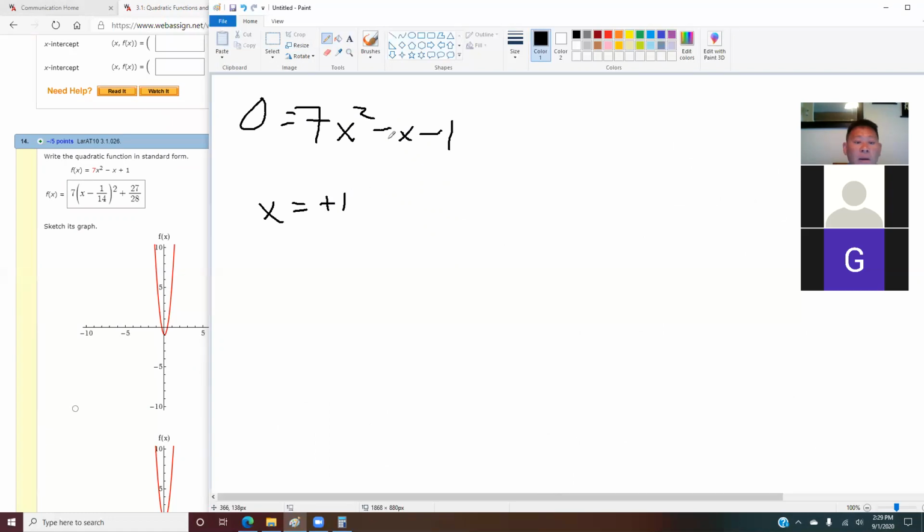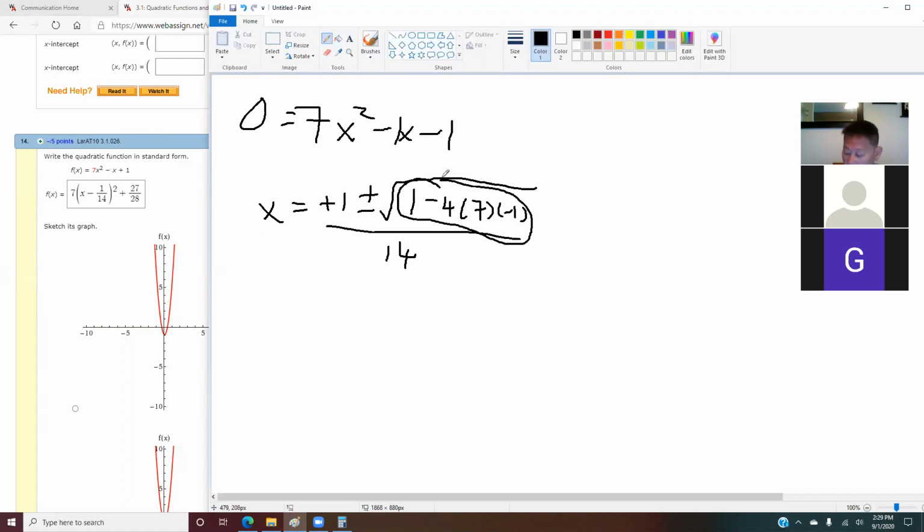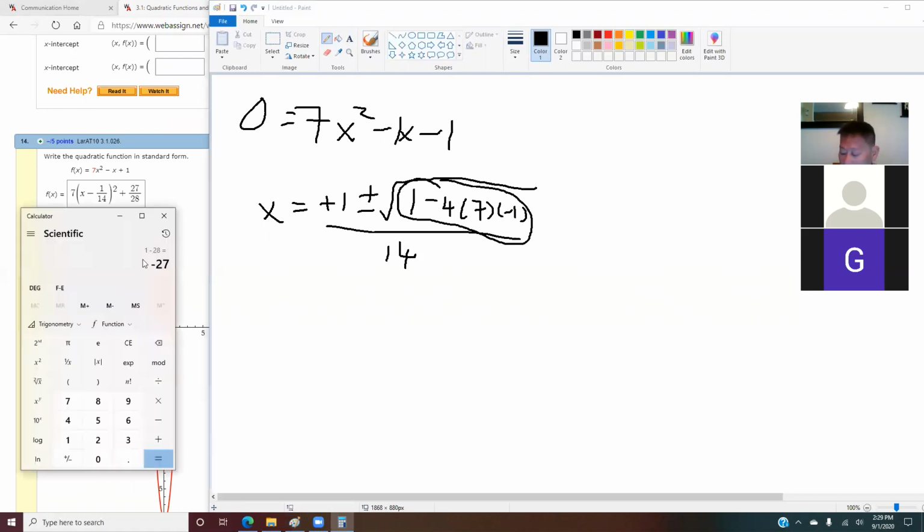So it's positive 1, since the negative becomes positive, plus or minus the square root of b squared, which is 1, minus 4ac, where a is 7, c is negative 1, all over 14, which is 2a. Now we're going to calculate this piece. Last time we had 1 minus 28. This time we have 1 plus 28 because two negatives become positive. That will give me 29.